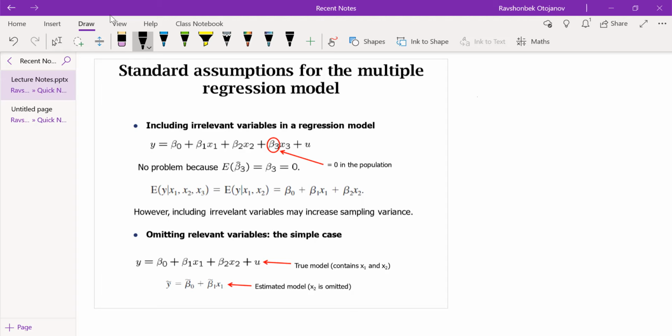So essentially the expected value of beta 3 hat here is just 0. In other words, x3 doesn't have a significant effect on y. That should be one indication of an irrelevant variable included in the model. So we usually drop it in empirical exercises. However, if you include this variable, you would still possibly have a higher sampling variance, I should say.